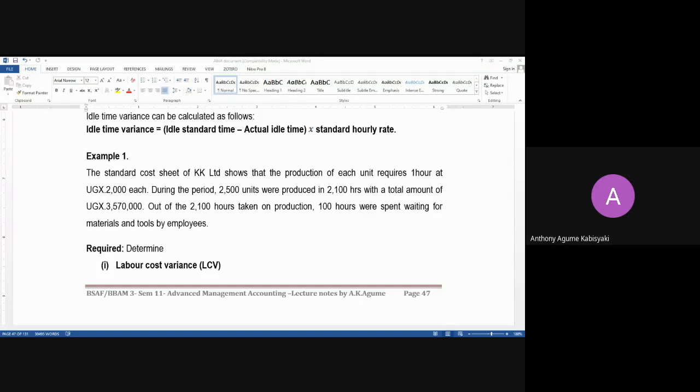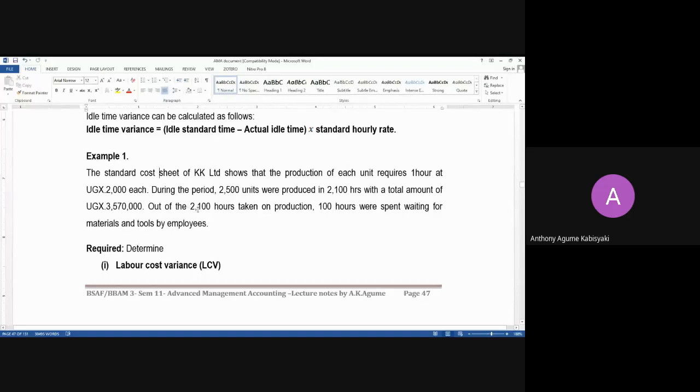So now there is an example. The standard cost sheet of KK Limited shows that production of each unit requires 1 hour at Uganda shillings 2,000 each. During the period, 2,500 units were produced in 2,100 hours with a total amount of 3.57 million.